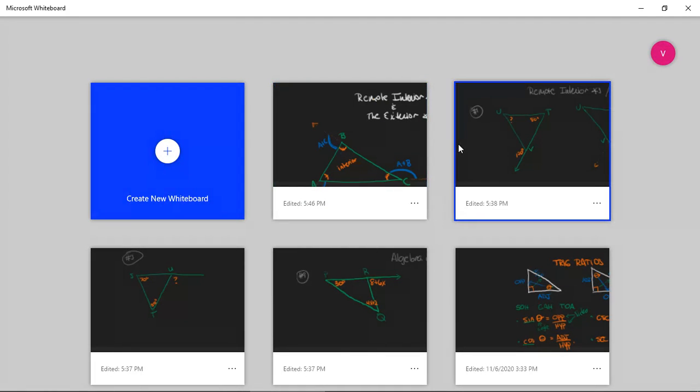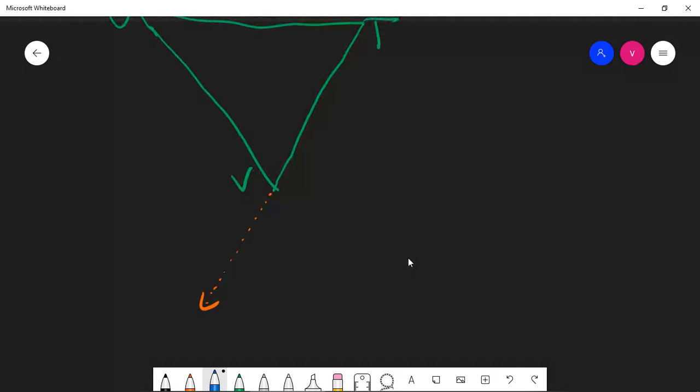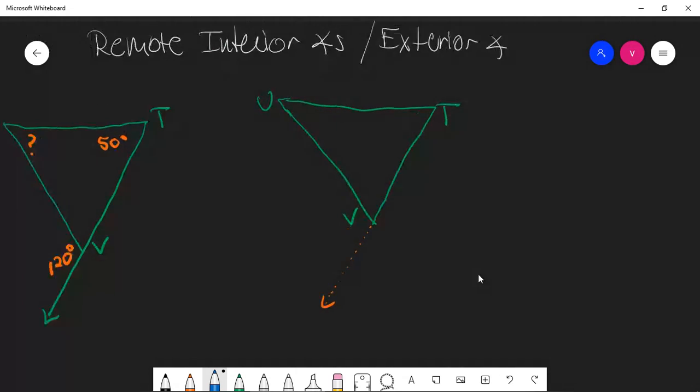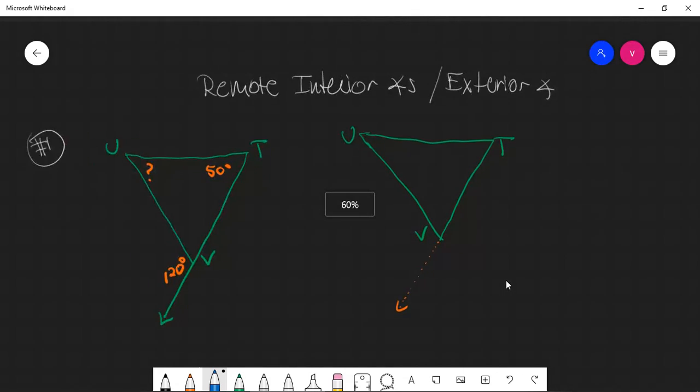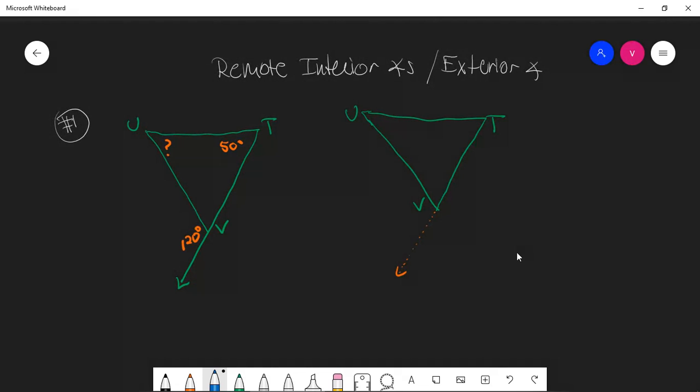So I'm going to do problem number 1. Let's get this down here and in a reasonable size. There we go. Okay, this is problem number 1 on your homework here. So here you have a triangle, UTV or TUV or VUT, doesn't matter how you say it, it's any of those 3 here.